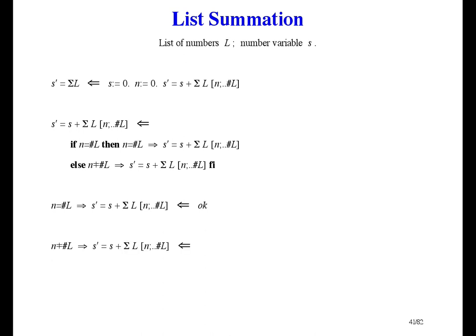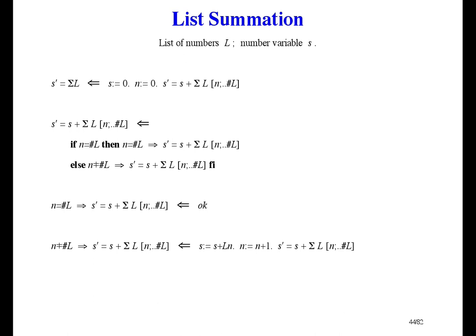But we have one more problem to solve. If n is not equal to the length of the list, then there's at least one more item to be added. So we add it to s, and then we increase n because it counts how many items have been added. And then the remaining problem is to add all the rest of the items.